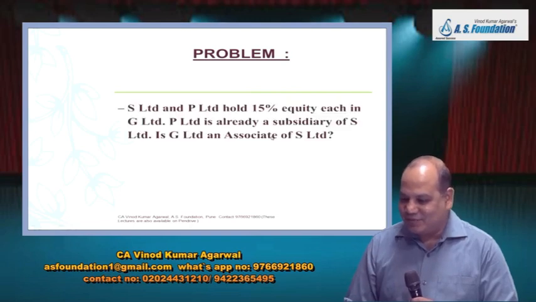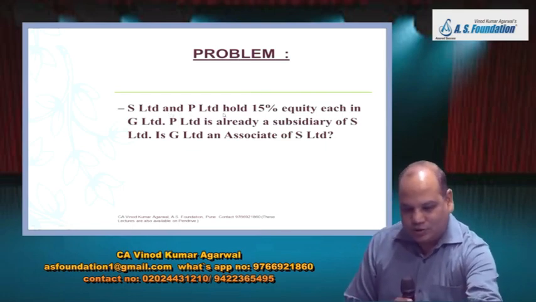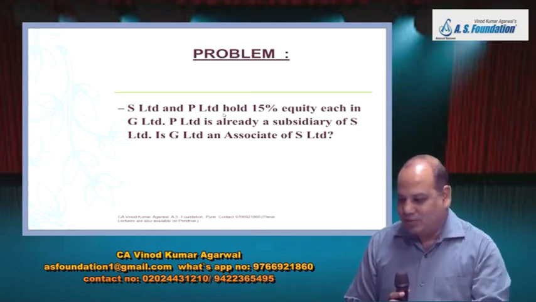Okay, now we'll just see whether you are listening or not. S Limited and P Limited hold 15% equity each in G Limited.